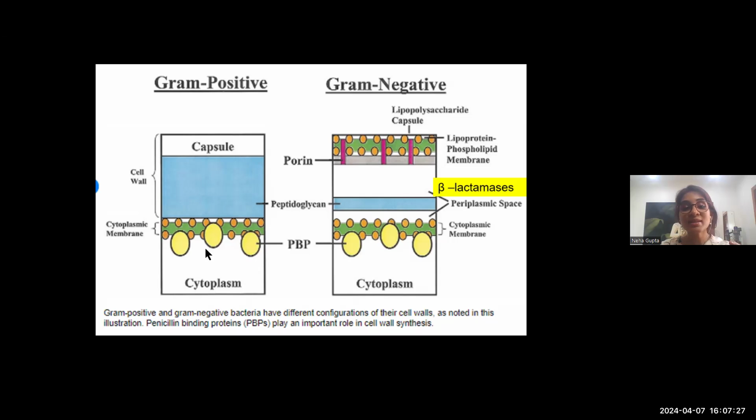Then there are these penicillin binding proteins which are present and are important for the synthesis of the peptidoglycan layer. Now, this peptidoglycan layer, which is very thick in the gram-positives, is thin in the gram-negative bacteria. And the gram-negative bacteria have an outer membrane, which is the outer lipoprotein polysaccharide phospholipid membrane, and the inner cytoplasmic membrane. And there are these periplasmic spaces, which are home to the beta-lactamases, which hydrolyze the various beta-lactams.